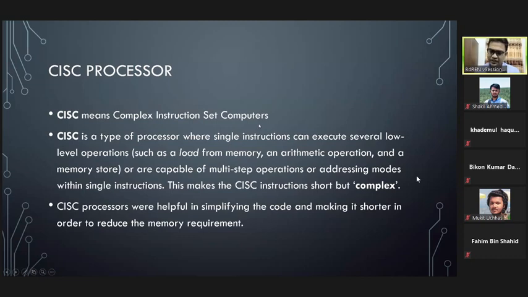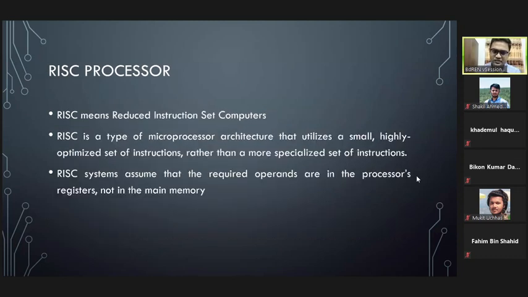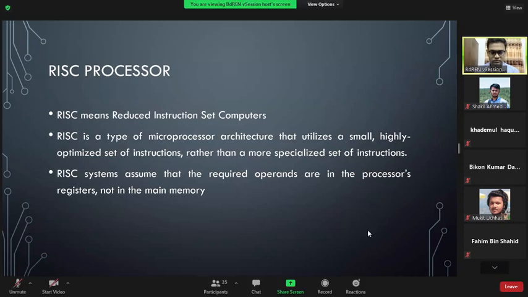Another one is the RISC processor. CISC and RISC, all right?